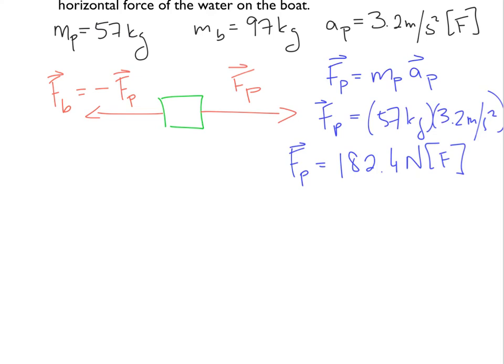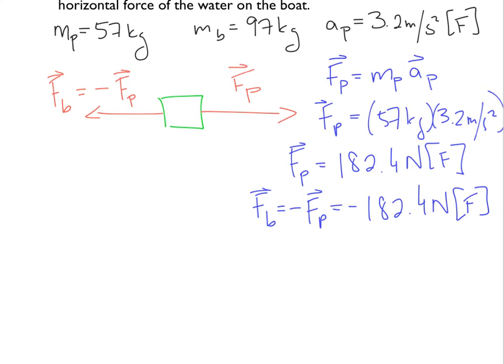So using Newton's third law, we know that the force of the boat is equal to the negative force of the person, which is going to give us negative 182.4 newtons forward. Or we could have just said 182.4 newtons backwards.